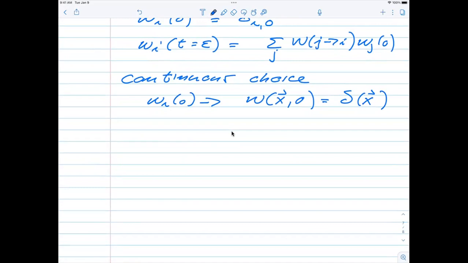Now, there is a continuous variant of the Markov chain. So we've looked only at the discretized Markov chain, but the equivalent continuous Markov chain is now given by us being in a state y.